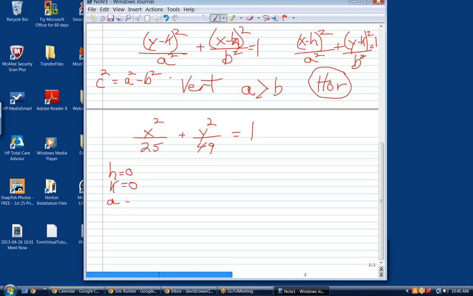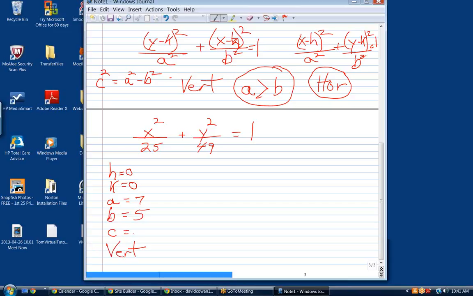What's A? A is 5. And B is 7. No, remember this part? A has to be greater than B always. So A is 7, and B is 5. So that means it's a vertical ellipse.